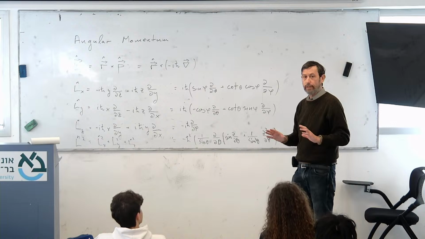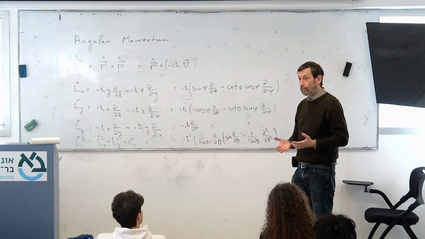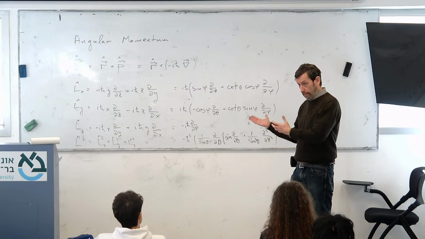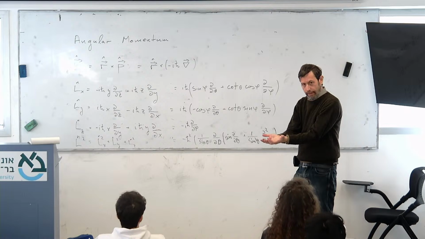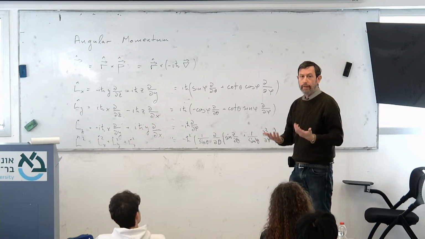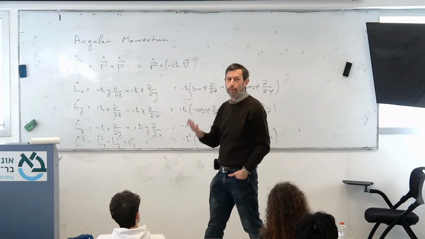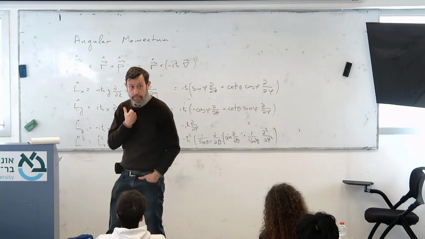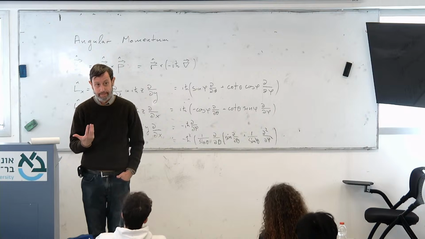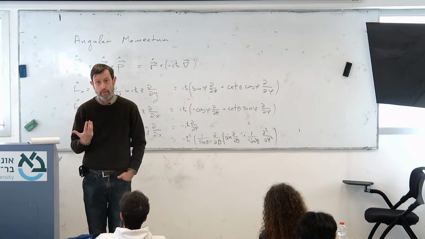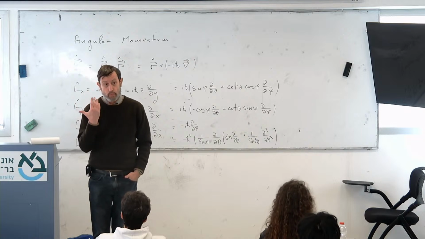The reason is very simple. My potential and the kinetic part is isotropic, it doesn't care about theta and phi. So deciding on Lx, Ly, and Lz is my decision, a definition of a basis. So choose a basis wisely.